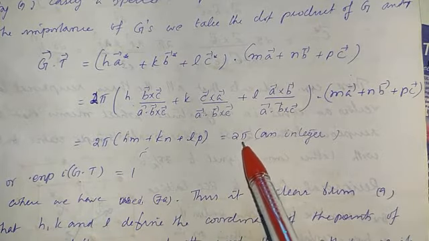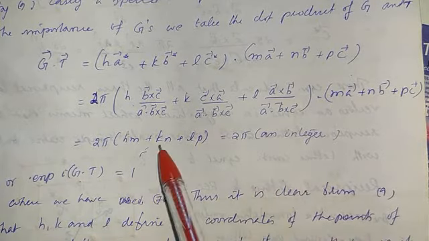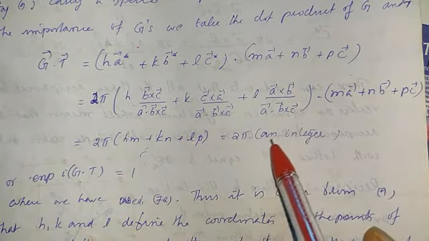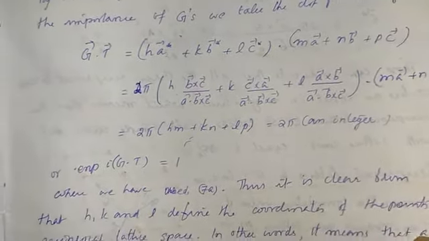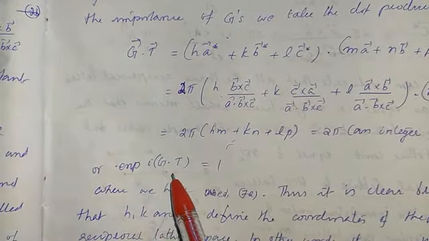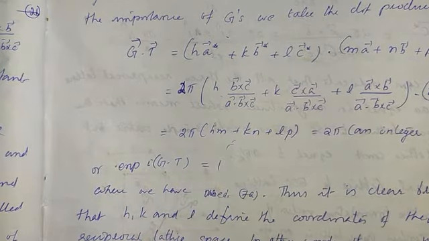This is equal to 2 pi times n, an integer, because these are integers and the sum of integers is an integer. What does this mean? Exponential of G dot T is equal to 1.